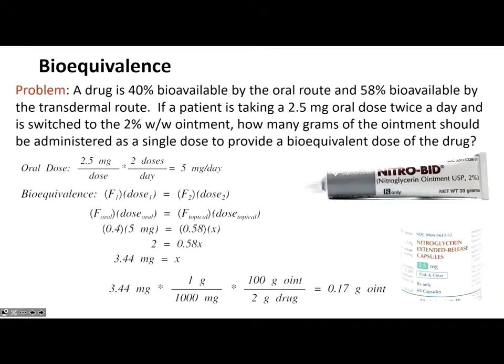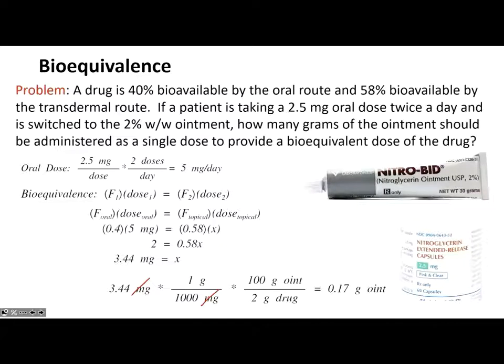All right. The last part of this question says, okay, but we want it from the cream, and the cream, or the ointment in this case, is a 2% concentration. So how much of that actual cream provides the 3.44 milligrams? So I started with the 3.44 milligrams, and let's just convert from milligrams to grams by dividing by 1,000. That's all I did there. Now I'm in grams of that dose, and again, a 2% weight per volume means what? 2 grams of nitroglycerin per 100 grams of ointment.